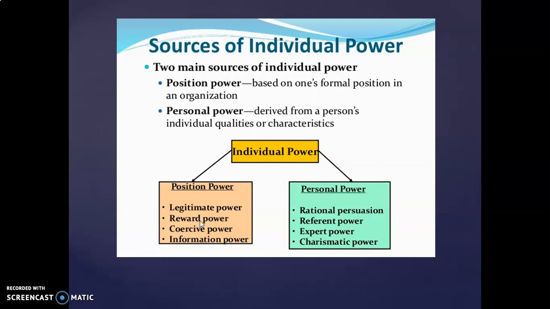Then coercive power is that kind of power in which I force the employees that if you don't perform the task by the end of the day today, you will be punished. That is coercive power.